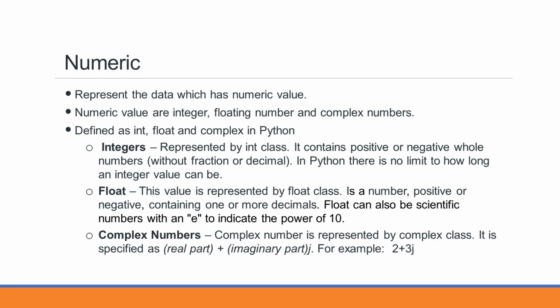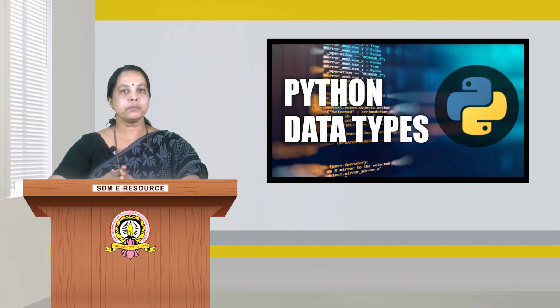The third type under numeric is the complex number. It is a mathematical representation of a number stored in the form of a real and an imaginary part, like a plus bj or a plus 3j, where there is the imaginary part and the real number. Python is a programming language where we can directly store complex numbers.